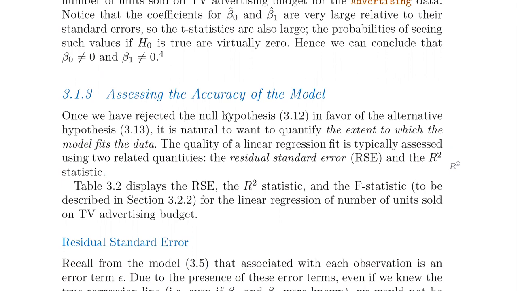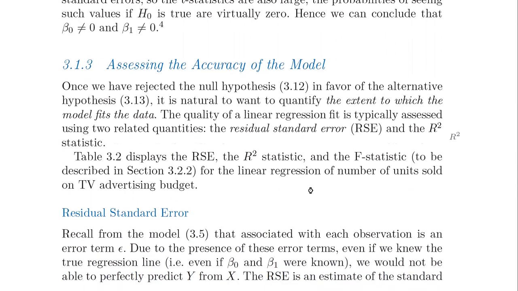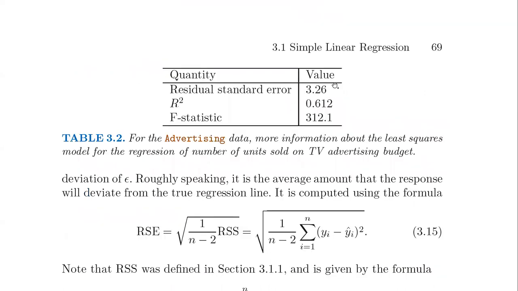You know that there is a relationship if you've rejected the null hypothesis. Now we want to measure how well the model reflects the data, and RSE is one such measurement.